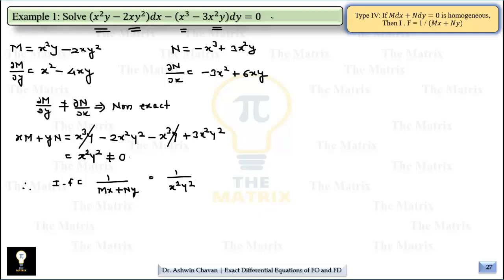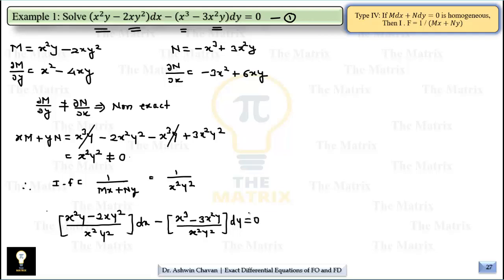Now we multiply the given differential equation 1 by the integrating factor to make it exact. So it becomes (x square y minus 2xy square) upon x square y square, this is after multiplying by the integrating factor, M dx minus (x cube plus 3x square y) upon x square y square dy equals to 0, and we claim that this is exact. Now let's simplify for the solution.